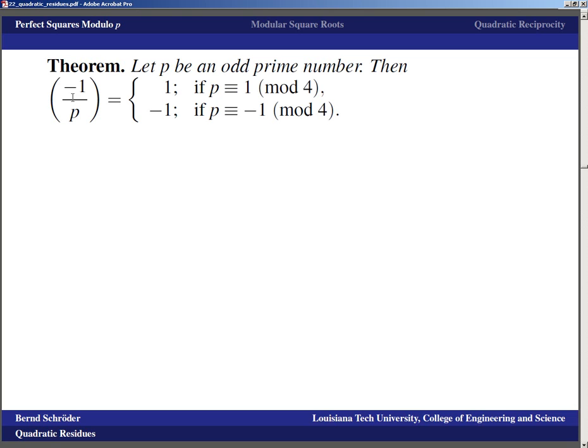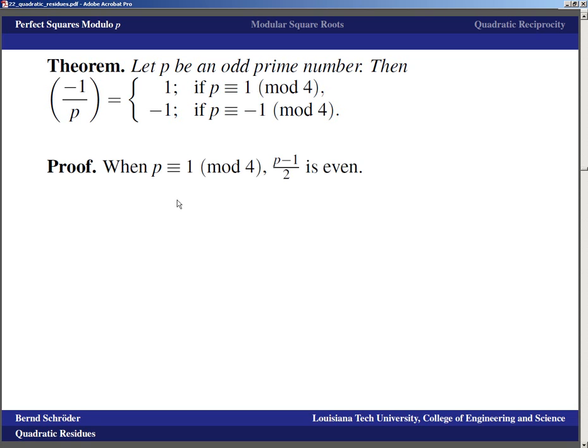So for example, -1 is a quadratic residue modulo p when p is equivalent to 1 modulo 4, and it's a quadratic non-residue modulo p when p is equivalent to -1 modulo 4, as long as p is an odd prime number.